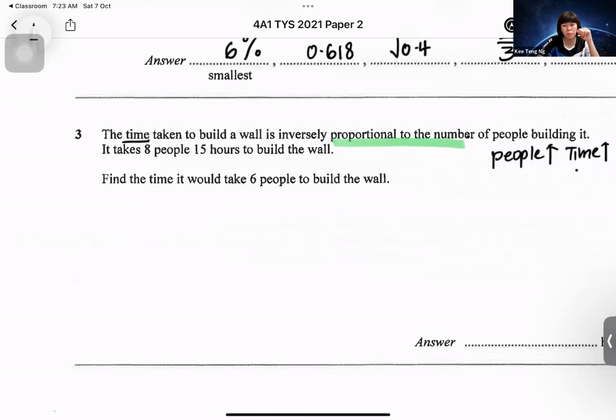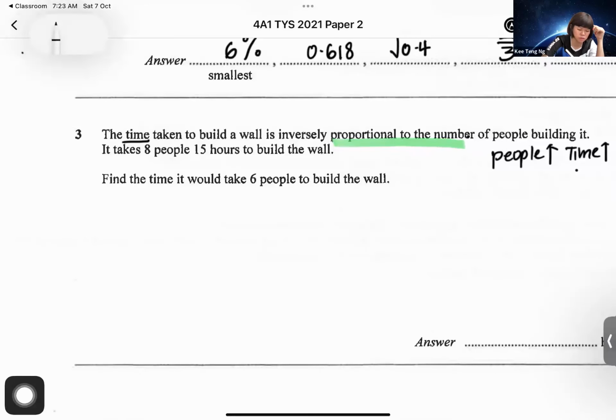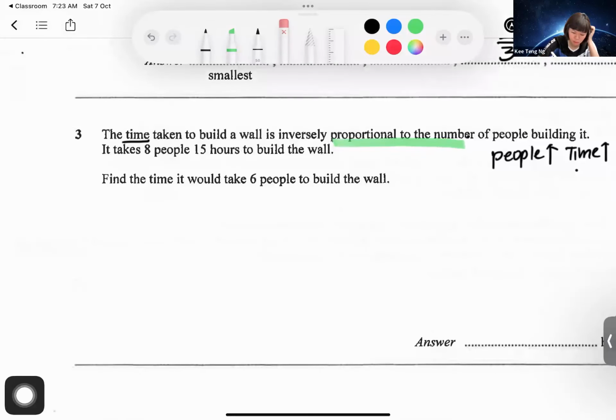If the number of people doing the work decreases, the time taken will increase. If the number of people increases, then the time taken will of course be shorter.